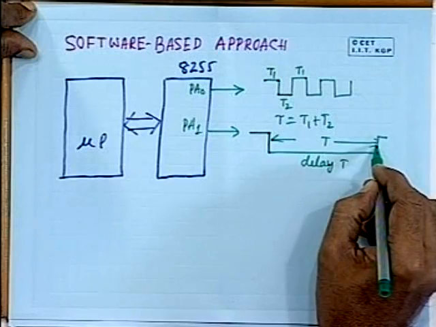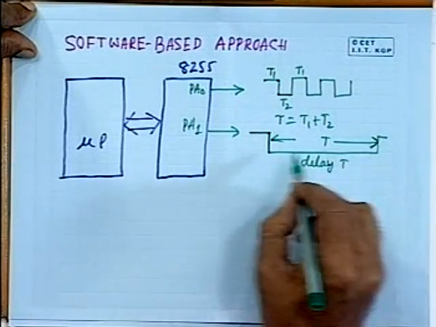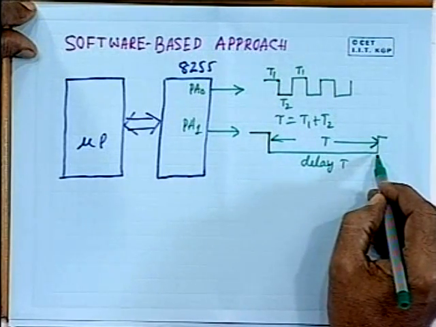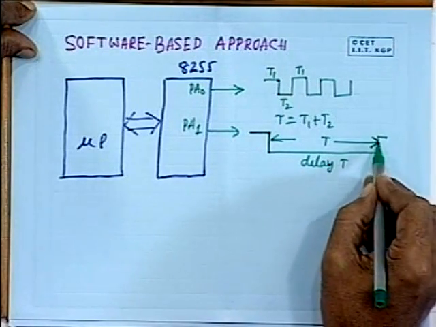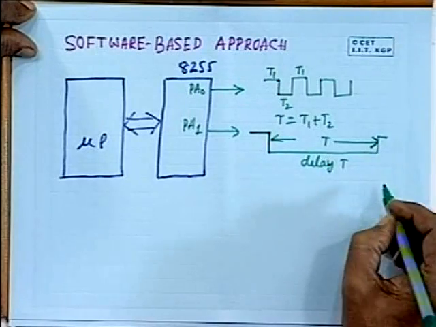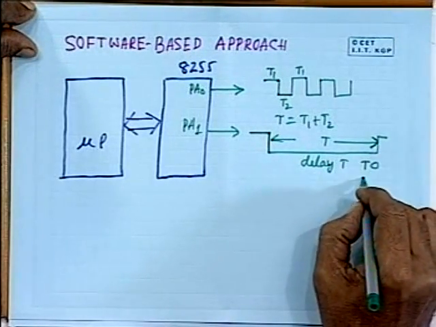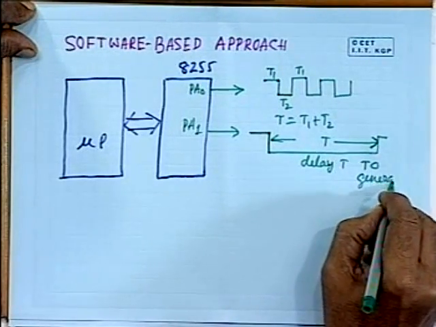This you can do with the help of a program. So this is how you can generate a delay of duration T, and after this duration this line can be used for various purpose, say to generate an interrupt or various other purpose.